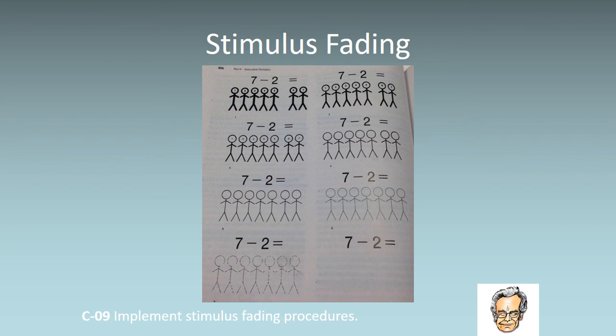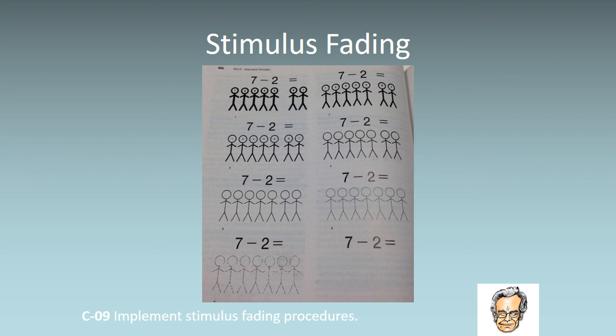And if you notice throughout the page, the stimulus is fading. They're becoming less and less apparent. The stimuli were there to help promote the person to count to complete the math problems.